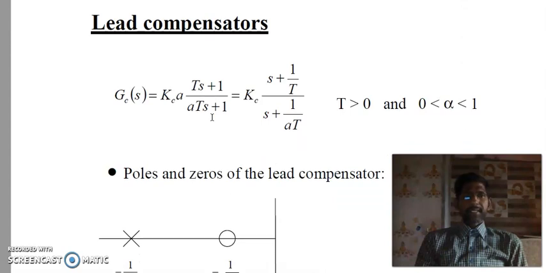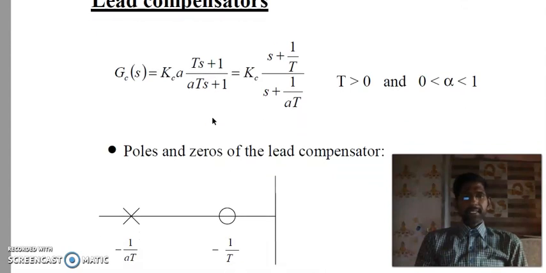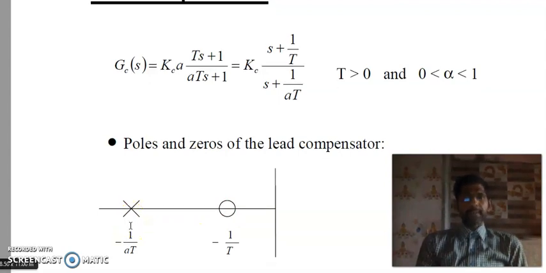How to design the lead compensator? To design the lead compensator, GC of S equal to, we are going to consider one pole and one zero. A zero at minus 1 by T, a pole at minus 1 by alpha T. First, near to the origin we consider the zero. After that, we consider the pole. This is the compensator.